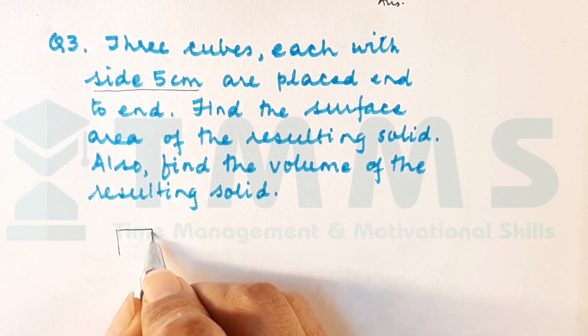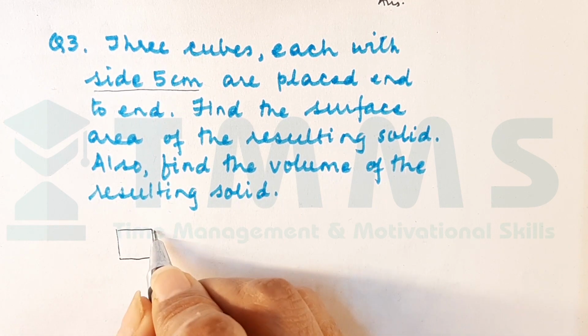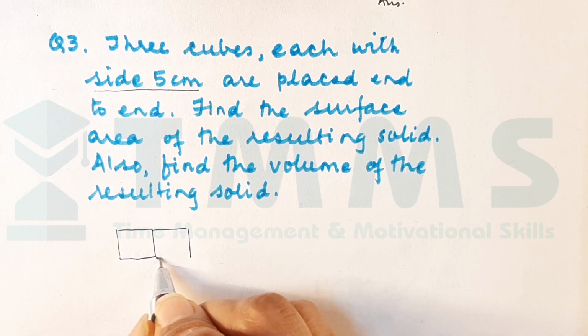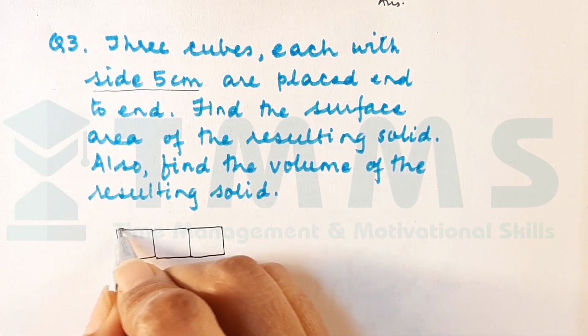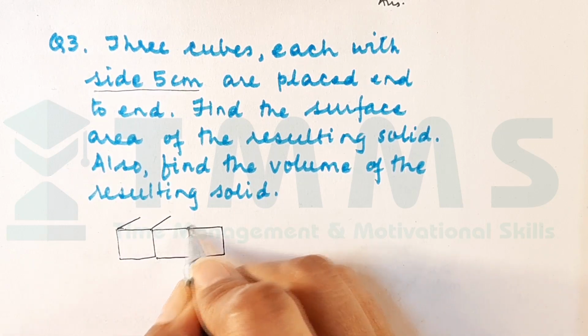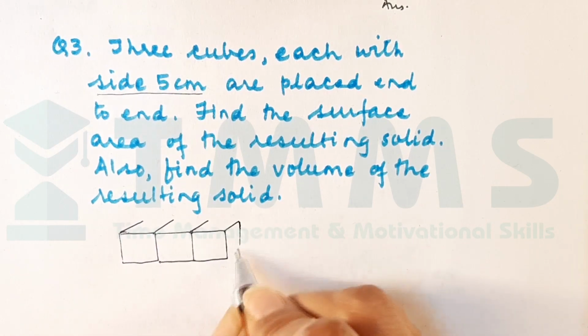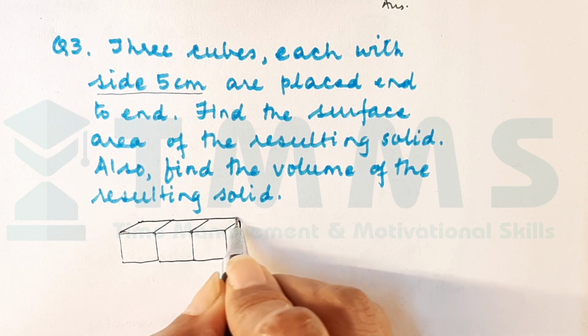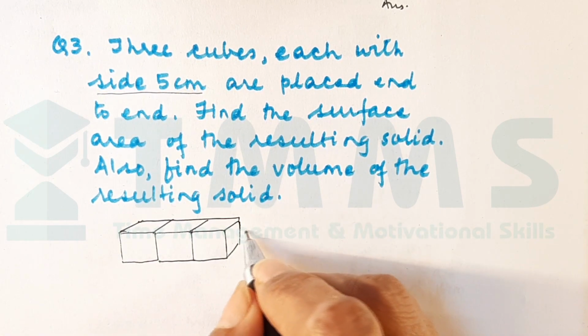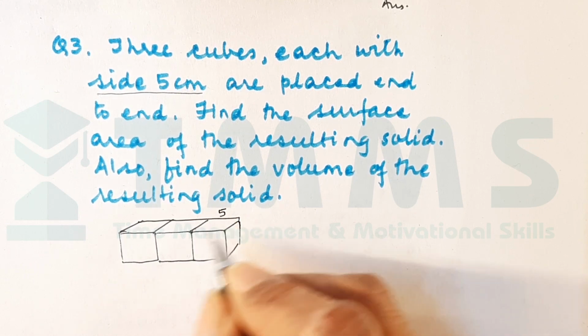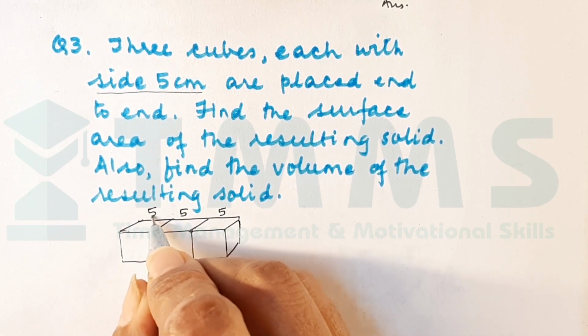So if we have 3 cubes, this will be representing 1 cube, 2 cube, and this is the third cube. And so, you see how I'm drawing this? So, 3 cubes placed end to end. Each side is 5 centimeters. So, this is 5, this is 5, this is 5.